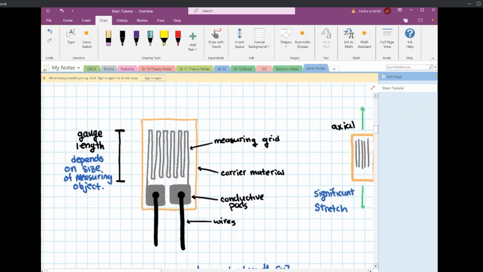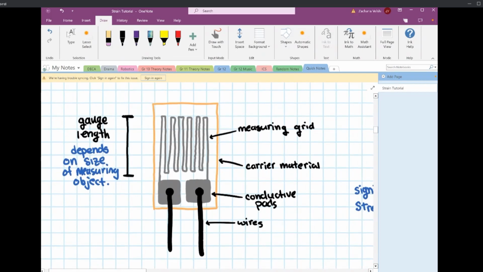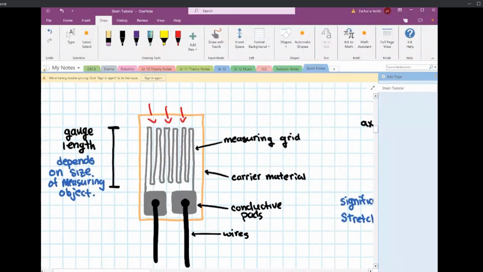Yeah, so it's a little piece of plastic that has a lot of really thin conductive pieces on it. It's called the measuring grid itself. The carrier material in the back is usually plastic, and that plastic is what you actually lay down on the surface.